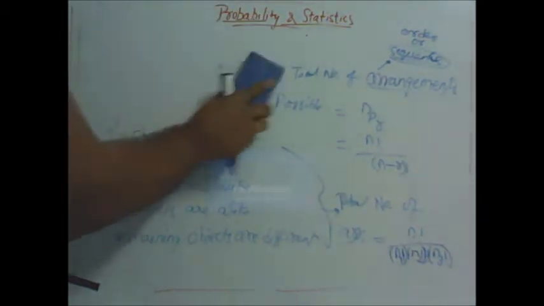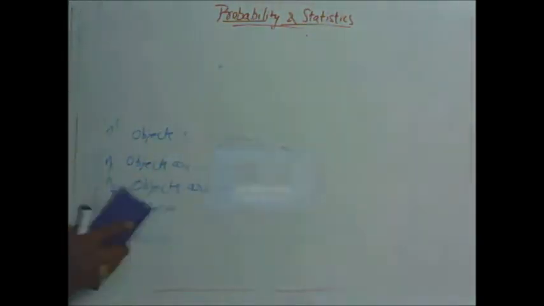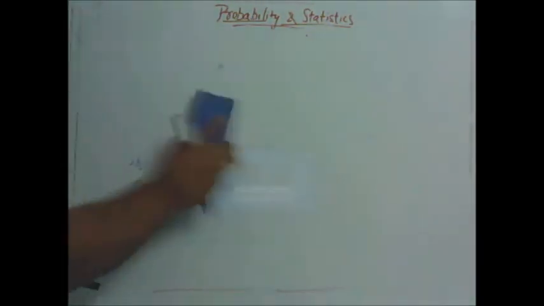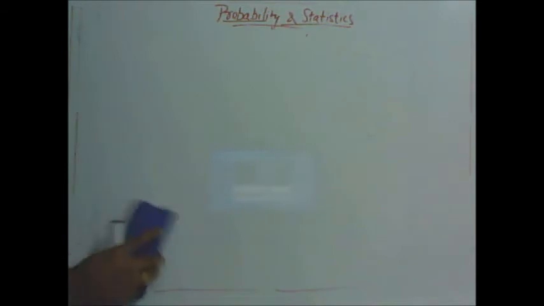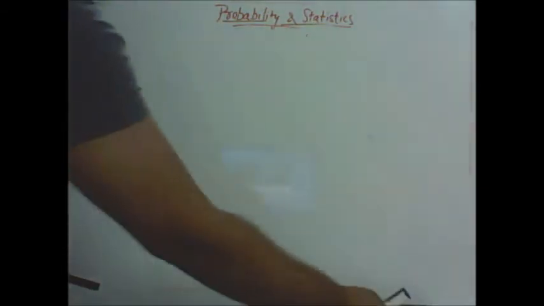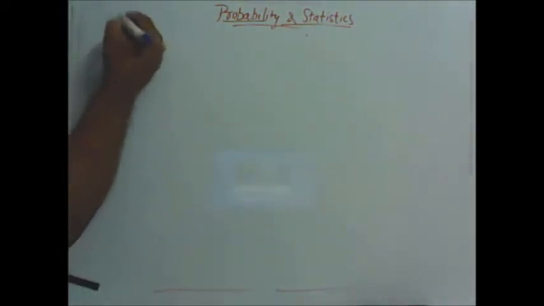We just concern ourselves about grouping. So when we are concerned about groups, that part we will call combinations. When sequence is not of prime importance, the heading will be combinations.